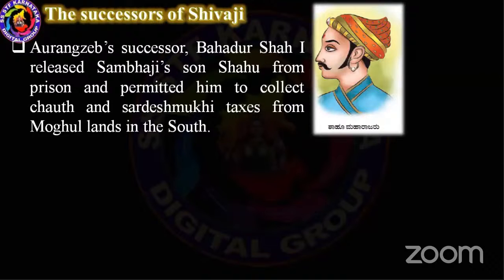Aurangzeb's successor, Bahadur Shah I, first released Sambhaji's son Shahu from prison and permitted him to collect the south and subsidy tax from Mughal lands in the south. During the reign of Sambhaji, he was defeated by the officers of Aurangzeb's army, and after defeating him, they imprisoned his son and his wife.